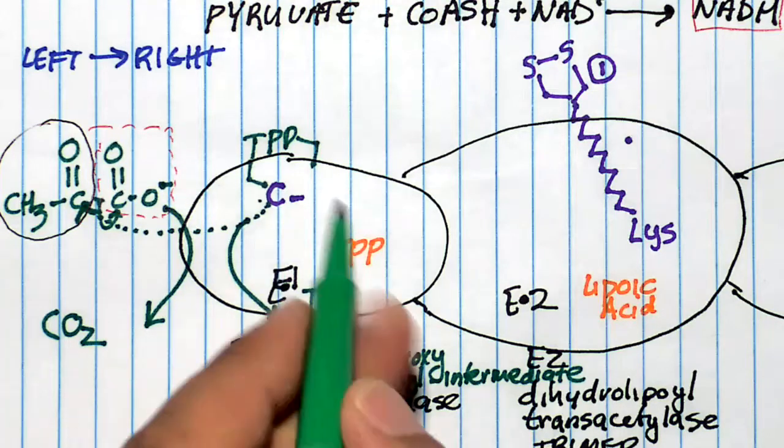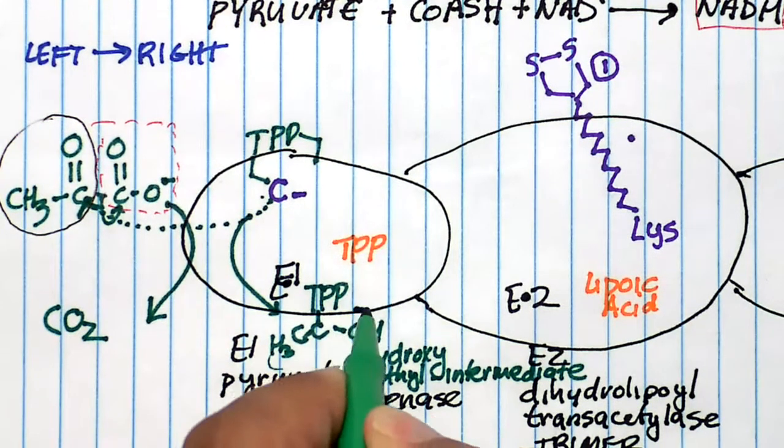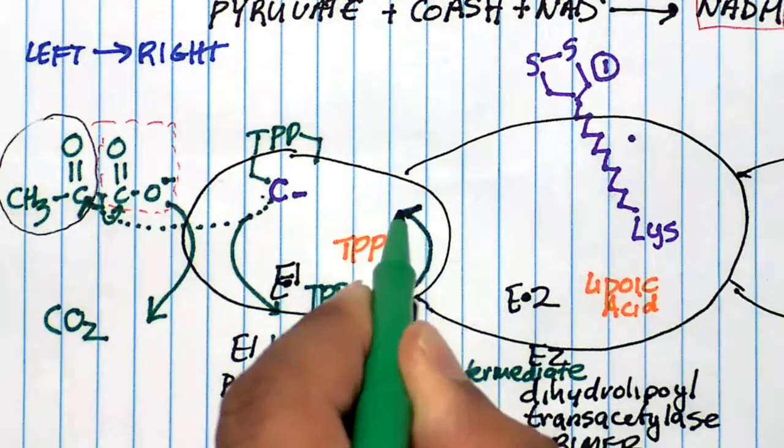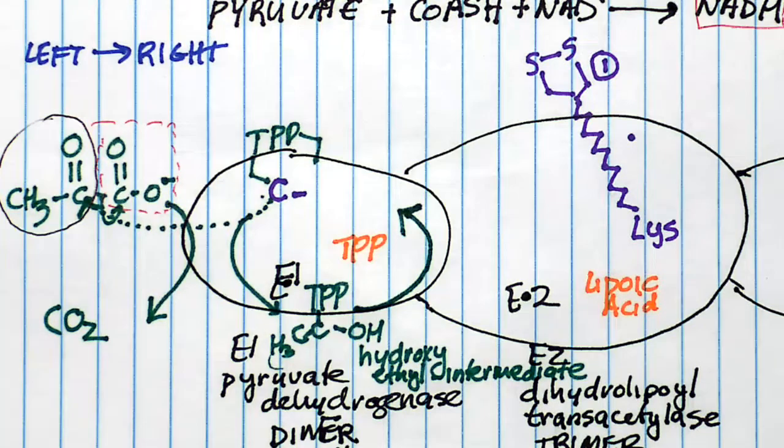So now what happens here is that we will have a transfer of the acetyl group in the form of the hydroxyethyl intermediate to form 2 of this swing.